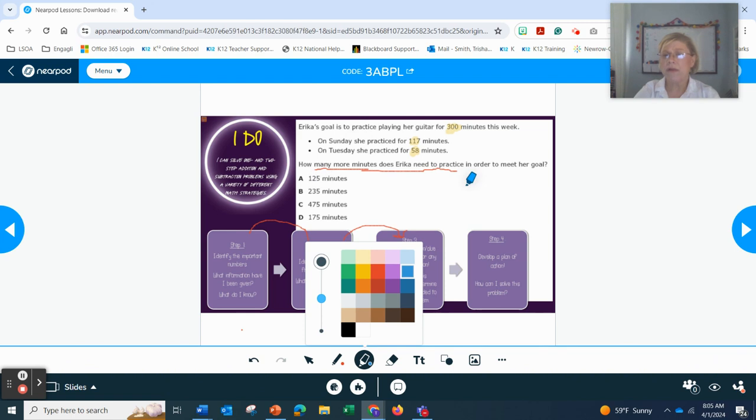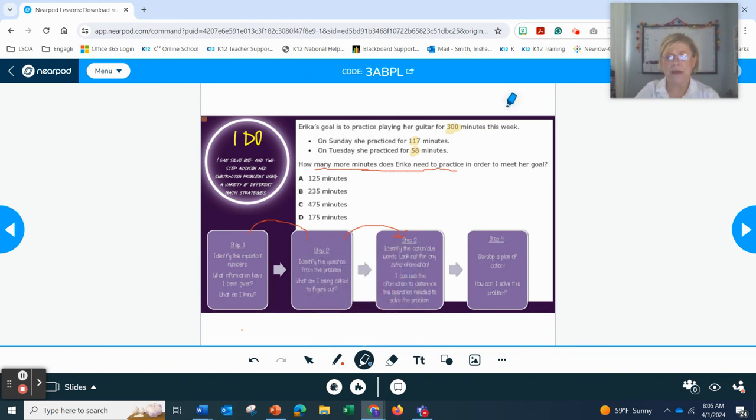So Erica's goal is to practice playing her guitar for 300 minutes this week. On Sunday, she practiced 117 minutes. On Tuesday, she practiced for 58 minutes. How many more minutes does Erica need to practice in order to meet her goal?